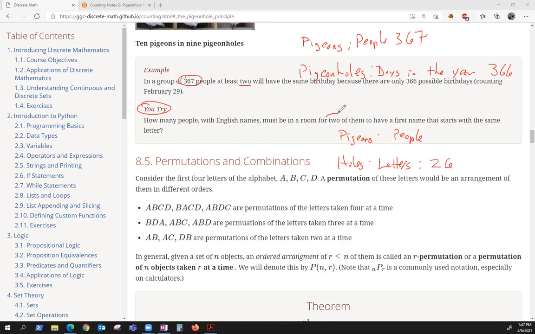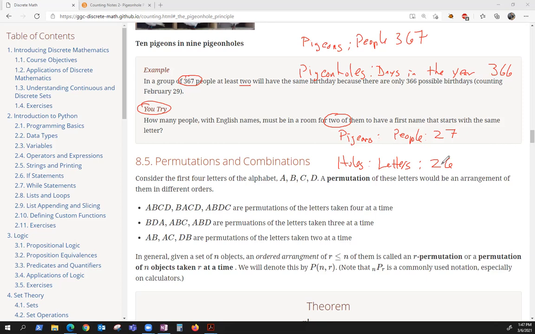So if you want to have 2 of them that start with the same letter in their first name, you have to have 27 people. Because if you have 27 pigeons in 26 pigeonholes, at least one of the pigeonholes, the letters, has more than one person in it. So if you have 27 people, at least 2 of them have to have a first name that starts with the same first letter. And that's basically it. This is the pigeonhole principle in a nutshell.